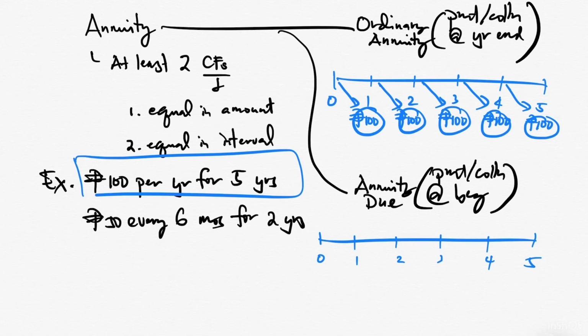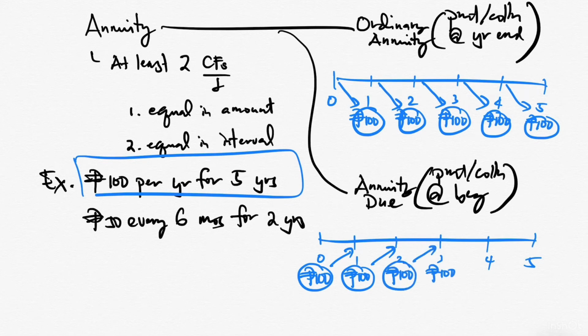So meaning, at time 0, right away, you will be collecting or you will be paying the money. So you will be seeing the 100 here to represent payment from time 0 to time 1. And then you will have another 100 again at time 1 to represent payment from time 1 to time 2. And so on. So it should be 5 payments.